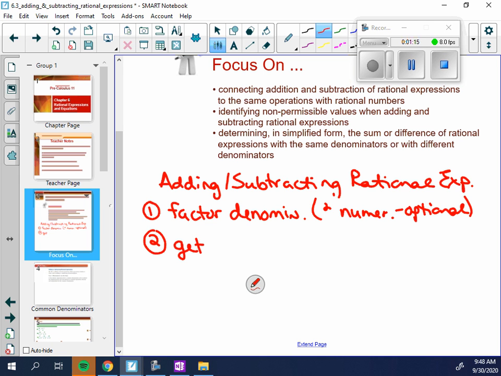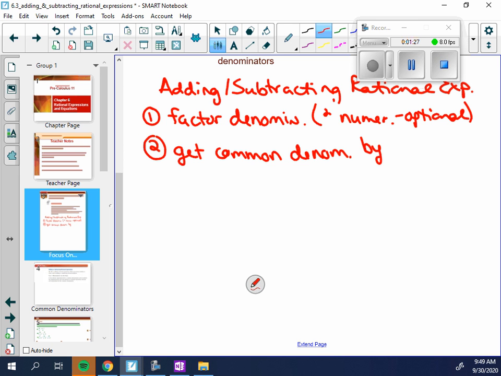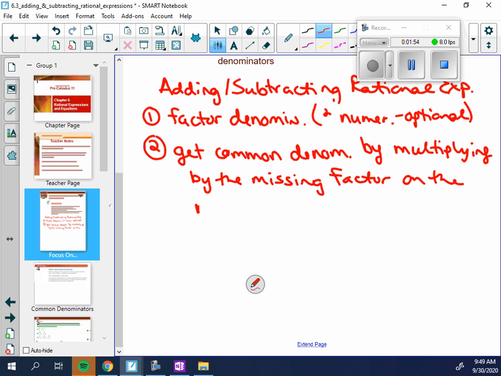Then the second thing you do is you get common denominators by multiplying by the missing factor on the numerator and denominator of each term.